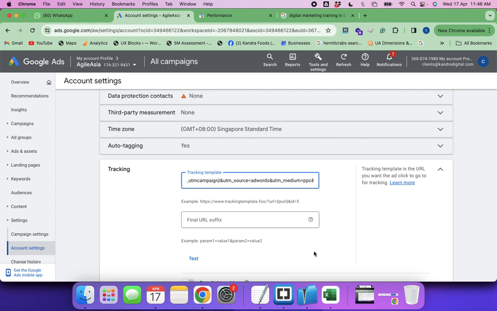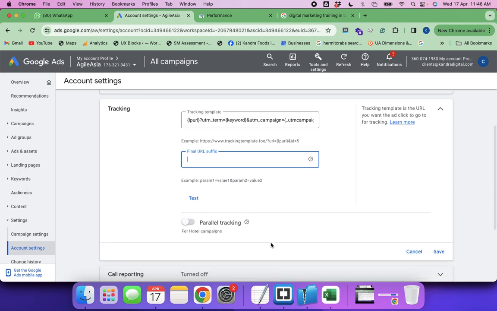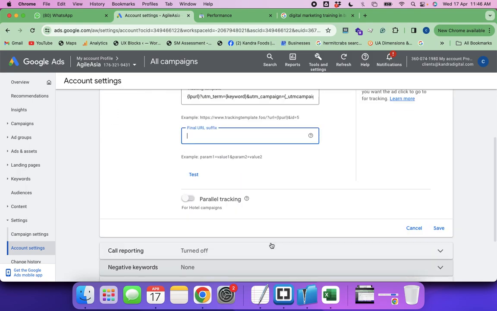Final URL suffix, you can simply add something like this without a template, at the end. You can add anything, for example param1 equal to value1, param2 equal to value2, test, parallel tracking.